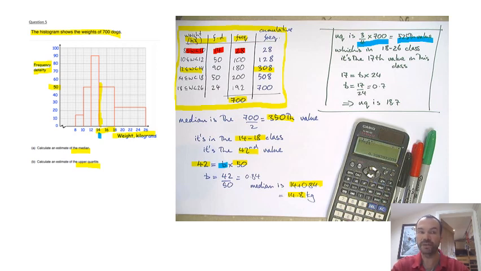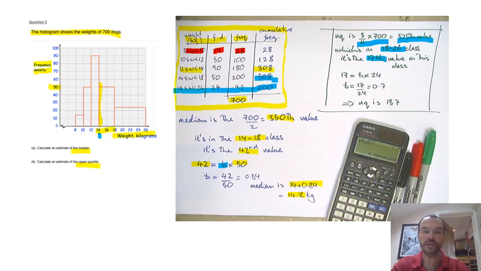The upper quartile is a value in kilograms. The 525th value comes after 508, so it's in this class here. It's in the 18 to 26 class, which I've said, and this is the working. Not only is it in that class, but since there were 508 up to that point, it's the 17th value in that class.